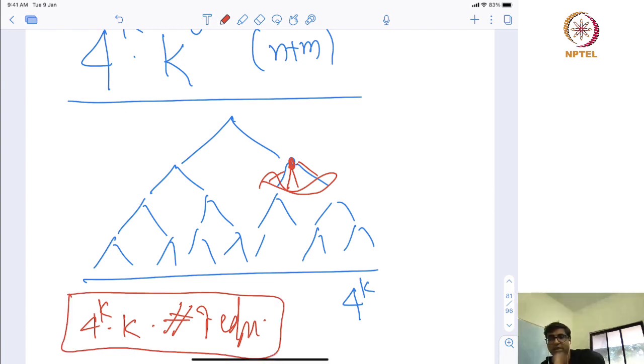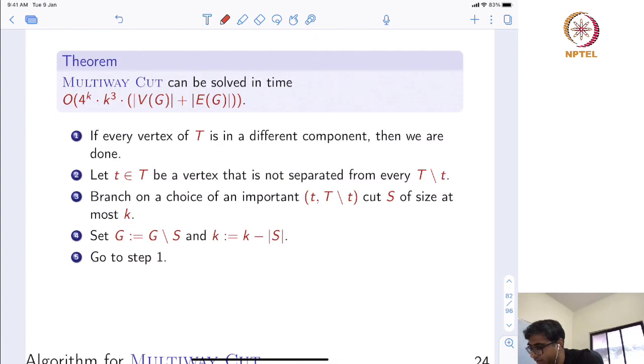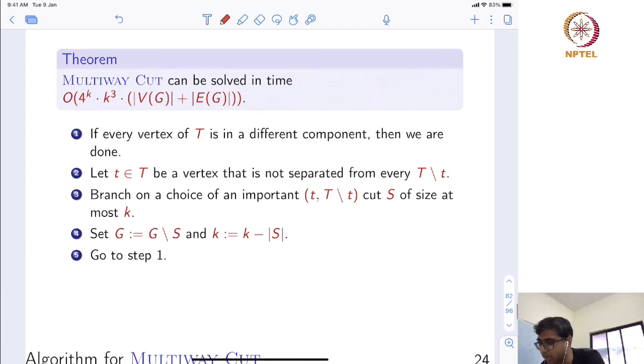Okay, I think that leads us to the following algorithm. If every vertex t in T is in a different component, then we are done. Let t in T be a vertex that is not separated from every T minus t. You branch on a choice of an important cut A, you delete A from G, decrease the parameter, and go to step 1.